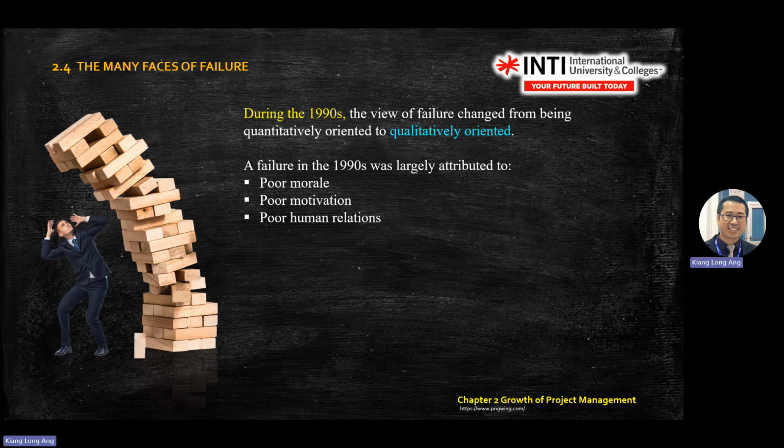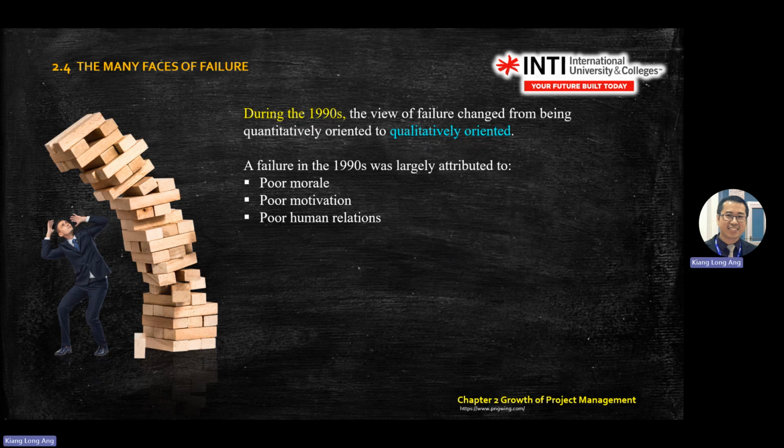For example, services. How do you measure services? How do you say, oh, this restaurant served me well and so on, or this restaurant's food is very delicious? How do you quantify delicious? Cannot. You can only quantify like, okay, it's sweet or sour, but you cannot quantify that the food is good or the service is good, right?